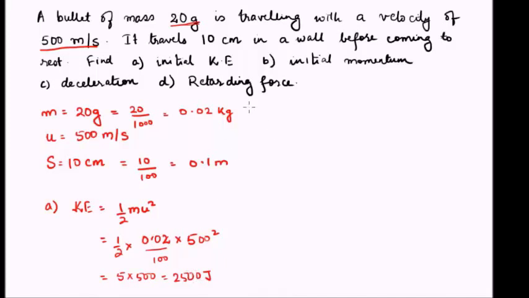Now let us do part 2. The part B asks us to find the initial momentum. Let me represent it by P, or let's say Pi, and initial momentum would be initial velocity times the mass, and the mass would be 0.02 kg in the SI units, and the velocity is 500.